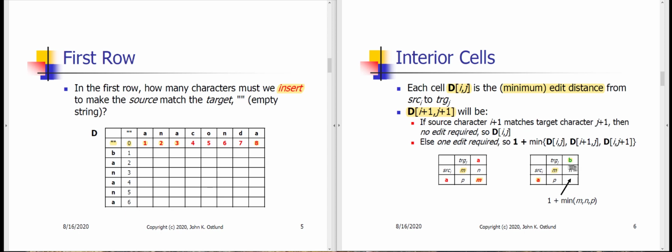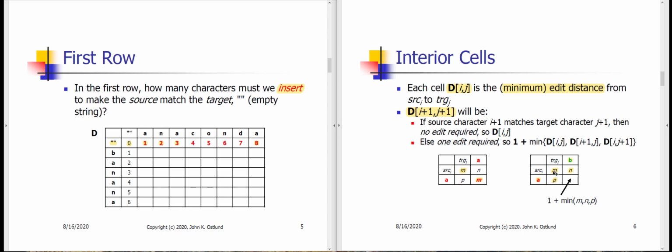Now, we also know the edit distance to make the target prefix one character longer. We have that edit distance. And we also know how to find the edit distance for the source and the target if the source is one character longer.